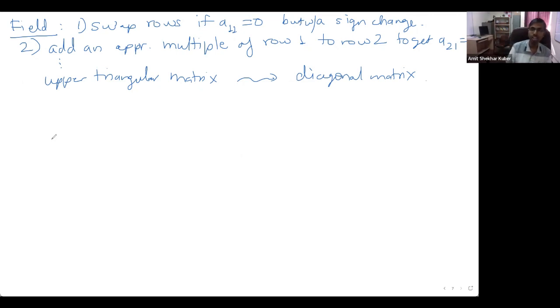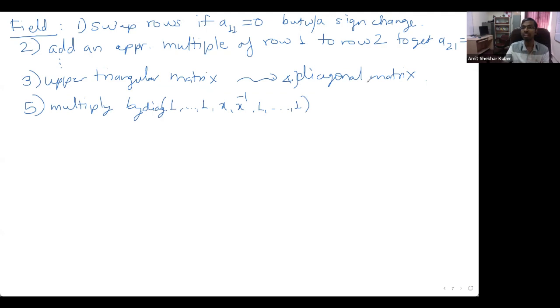Now, for a diagonal matrix, let's say this is 3, this is 4, and this is 5, you multiply sequentially by matrices of this kind: diagonal 1, 1, 1, then x and x inverse, and then again 1, 1, 1.